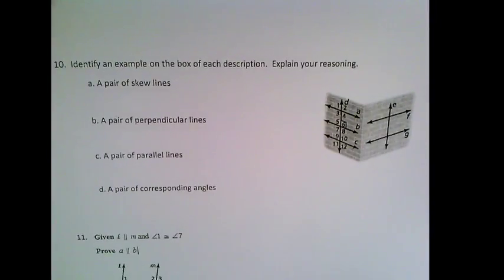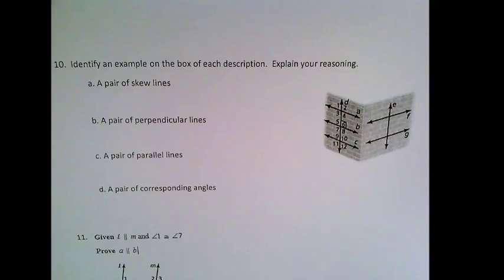Another thing is too, skew lines are also not coplanar, or they are non-coplanar. Okay, A and E I see. Yes, A and E definitely works. Yes, they have to be on different planes.